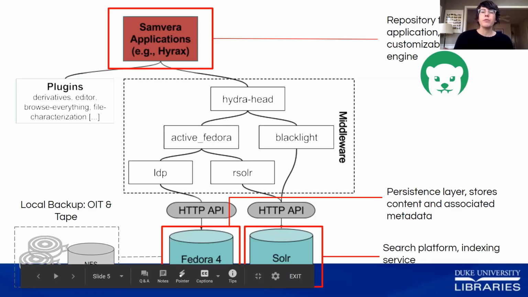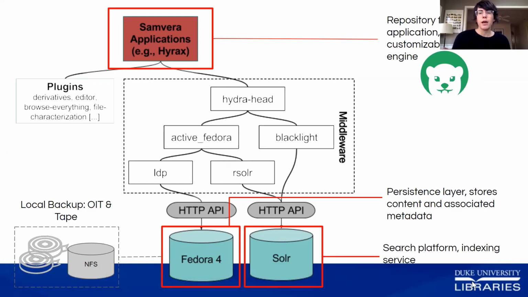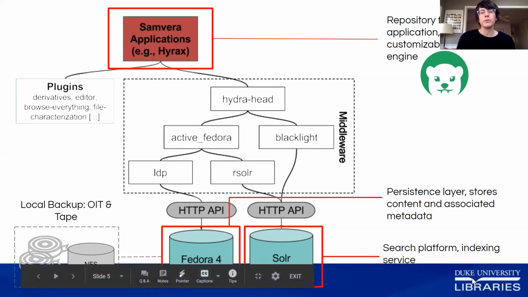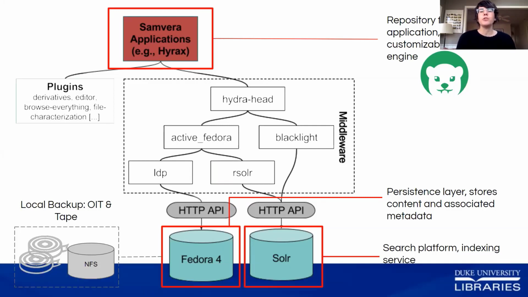It uses Fedora 4 currently as its persistence layer and Apache Solr as the basis for its discovery and access interface. So on top of that built-in persistence layer, as a matter of practice, the repository backs up our data and metadata with 3 additional copies, 1 on an OIT NAS volume on campus and 2 additional tape copies.